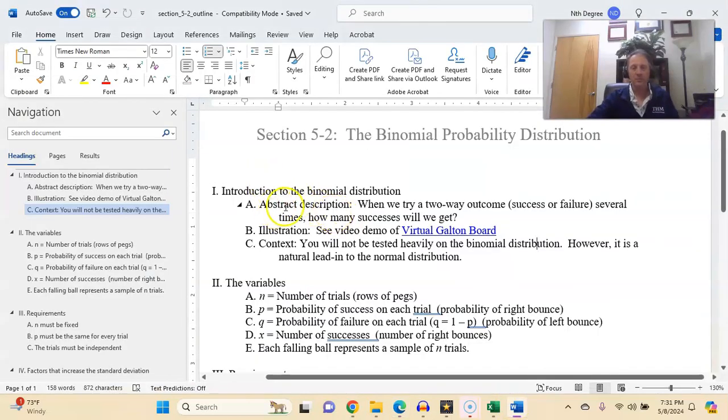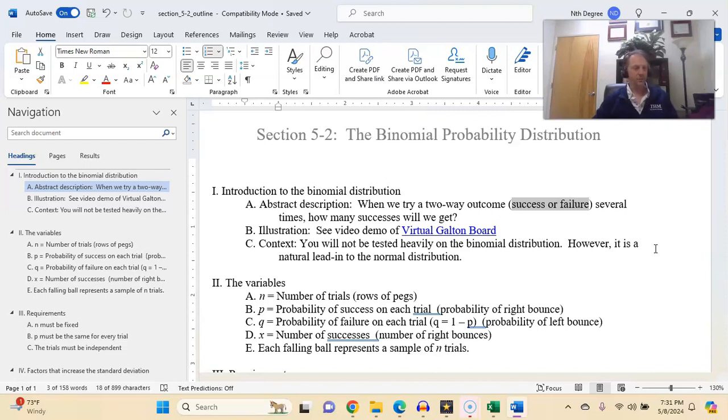My abstract description of the binomial distribution is the following. When we try a two-way outcome, success or failure, several times, how many successes will we get? So remember, bi is the prefix for two, and this is called binomial because we are performing an experiment that only has two possible outcomes.